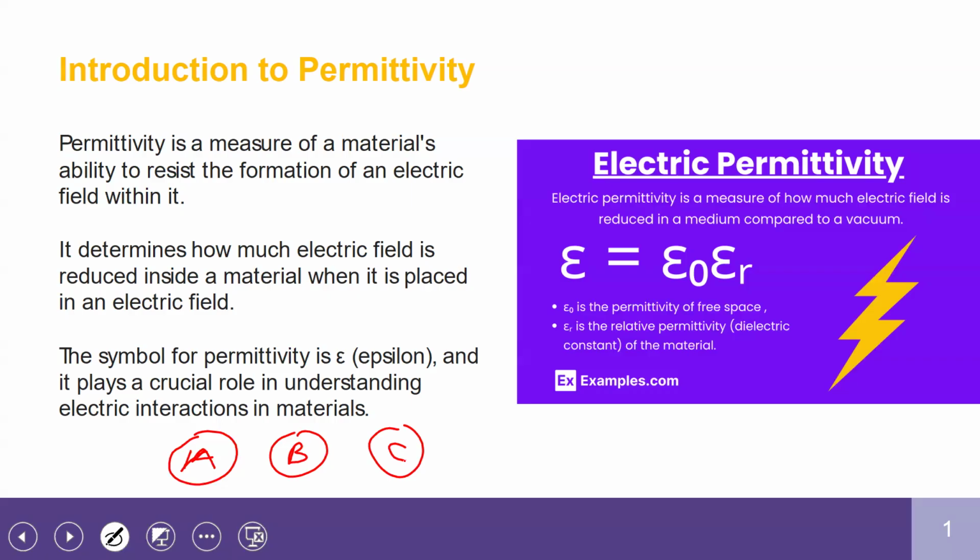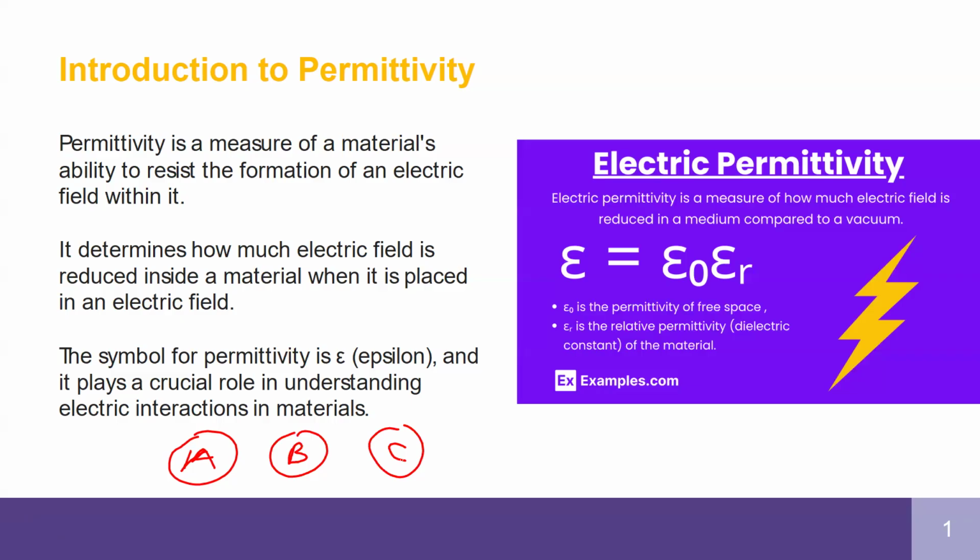So permittivity is a measure of the material's ability to resist the formation of an electric field. It means that the higher the permittivity, the more resistance there is to the formation of an electric field. So the higher the permittivity, the lower the chances the material can form an electric field within it.